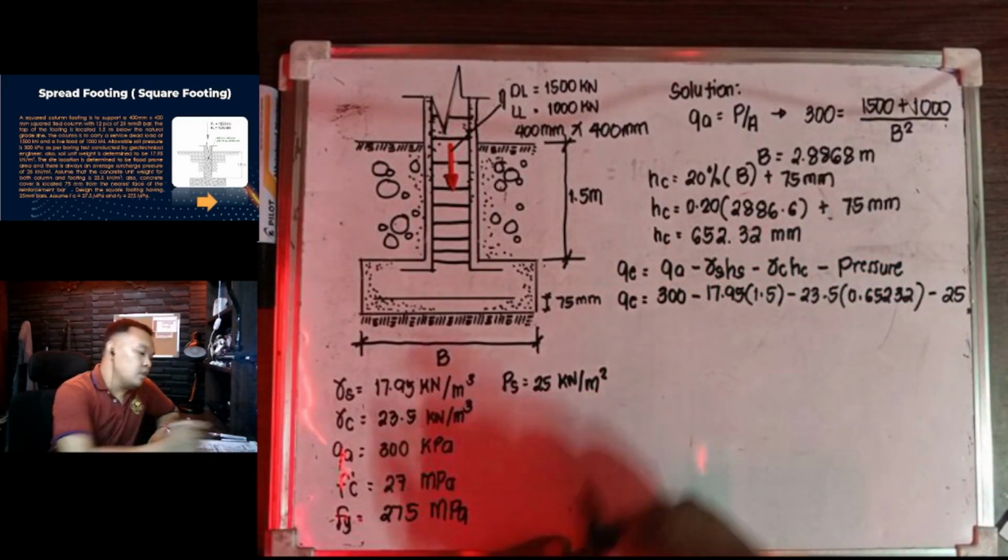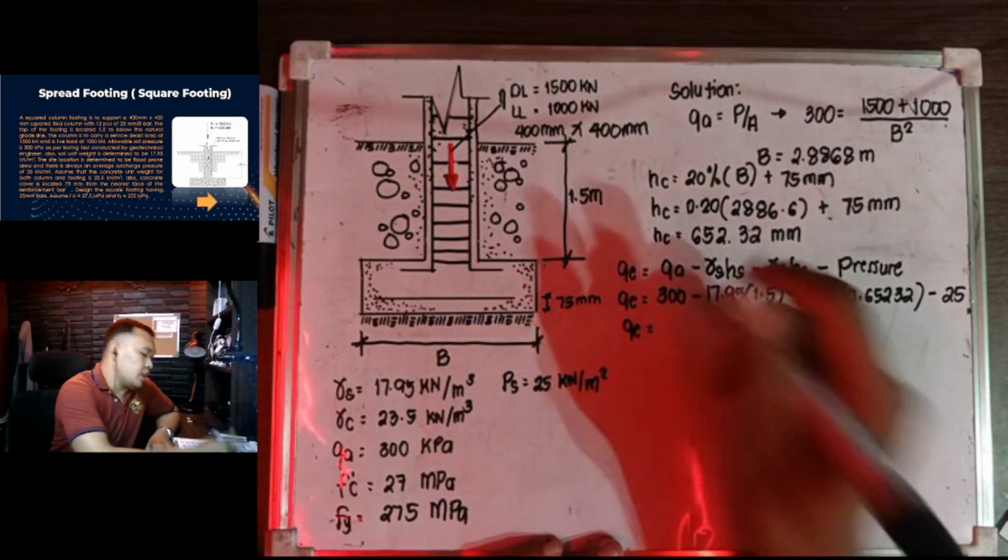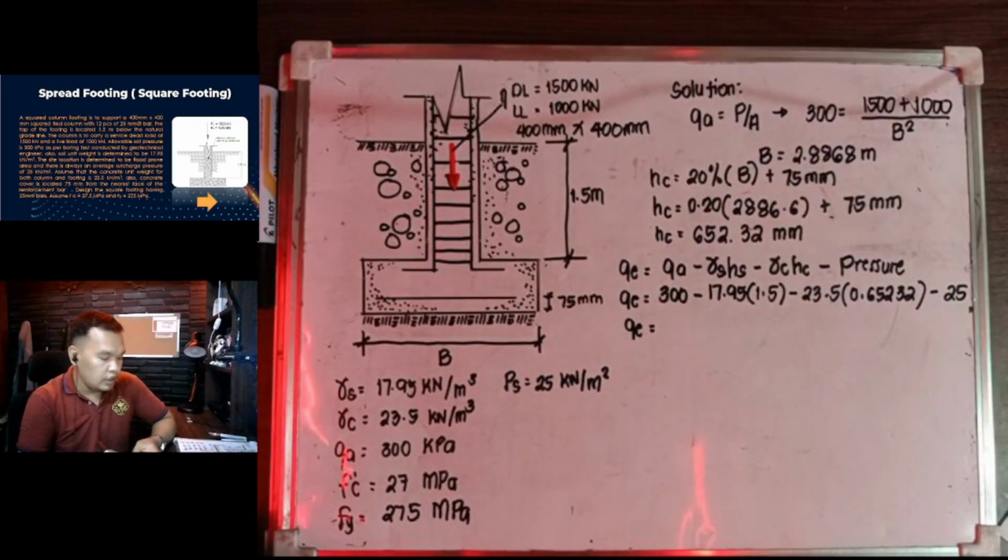Okay? Then we have here QE is equivalent kay 300 minus 17.95 times 1.5 minus 23.5 times 0.65232 minus 25.